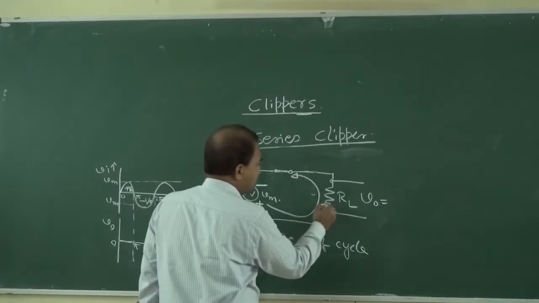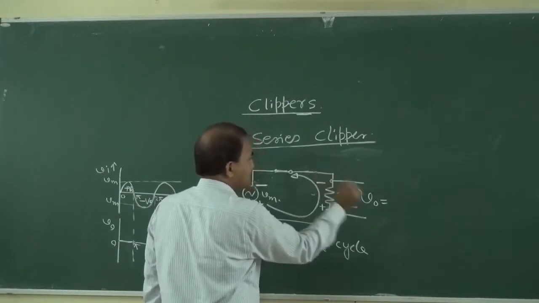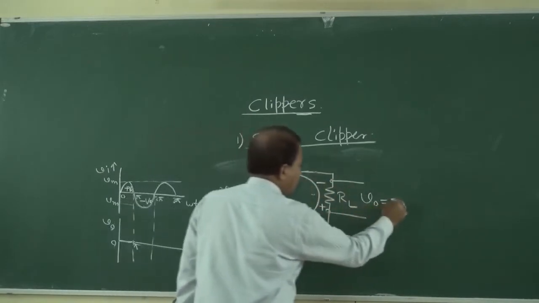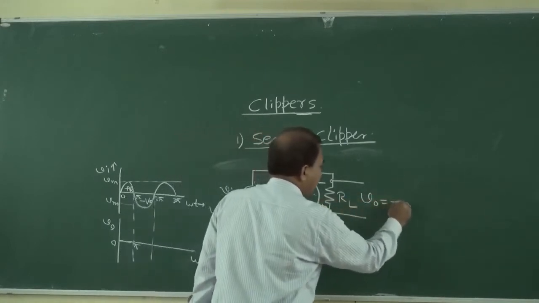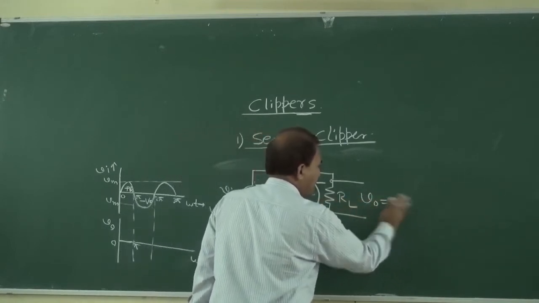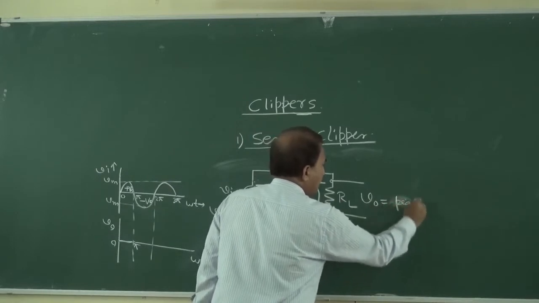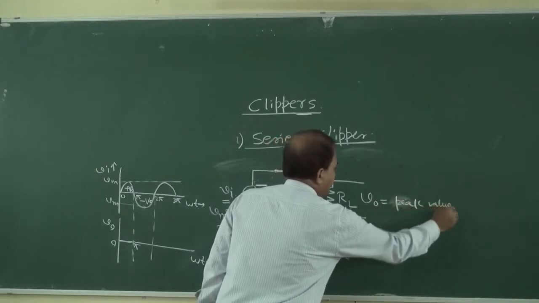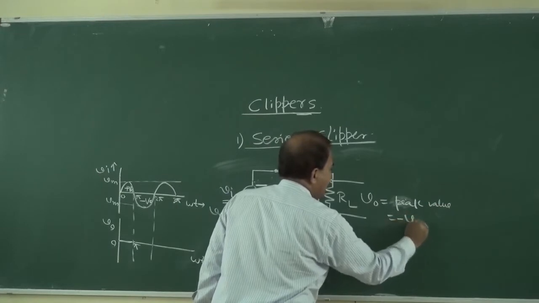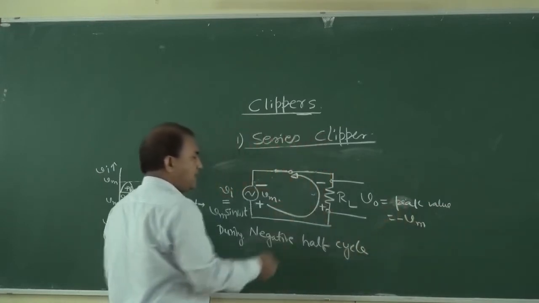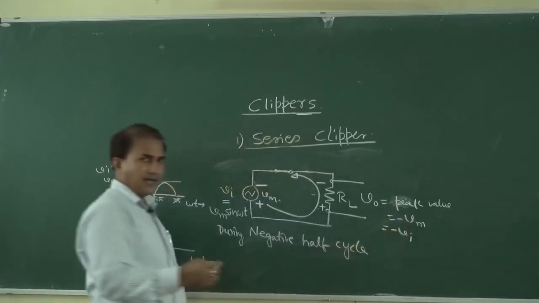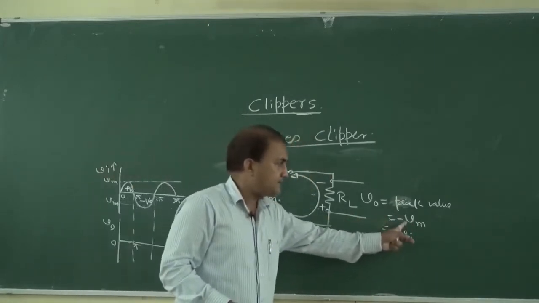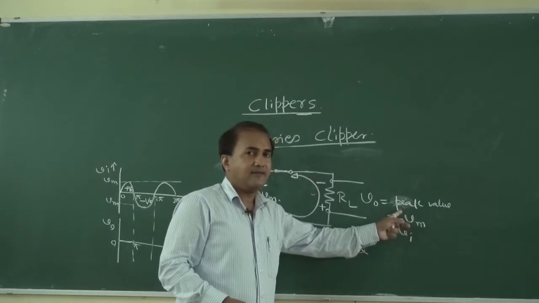The direction of current will now be from this to this. So here it will be plus and here it is minus. So V output is equal to minus Vi, and its peak value is minus Vm.